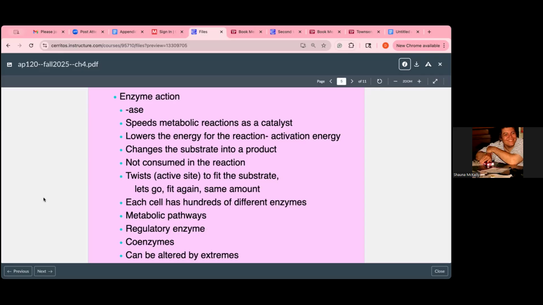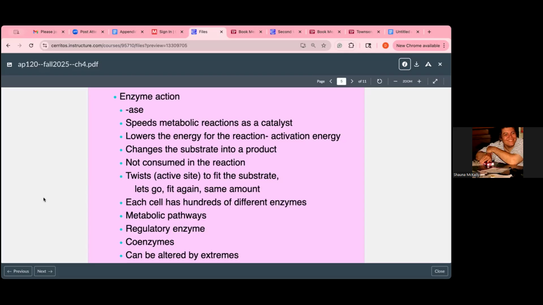It changes the substrate into a product. Enzymes are not consumed in the reaction, so they can be reused. They can be used more than once for more than one reaction because they aren't consumed.